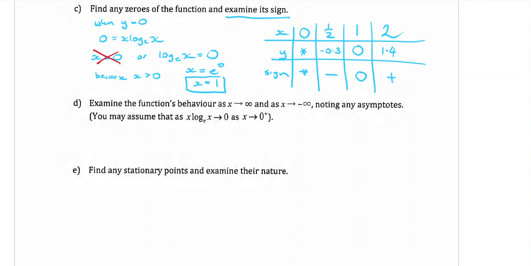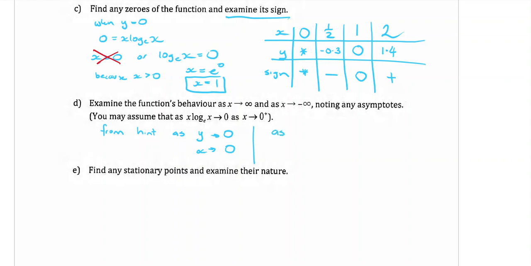So as y is approaching 0, y is the x log e of x, which means my x values are approaching 0. That was what it said in the hint.